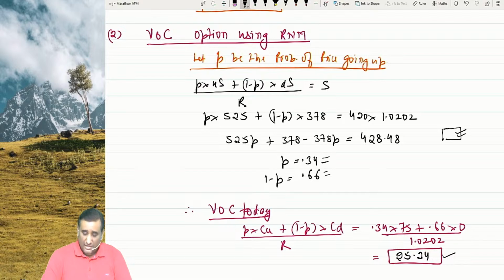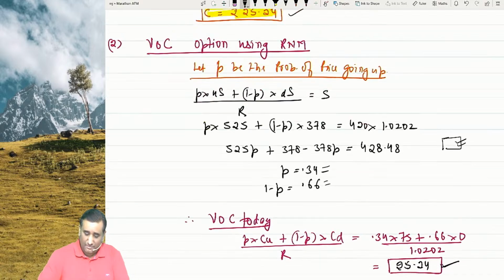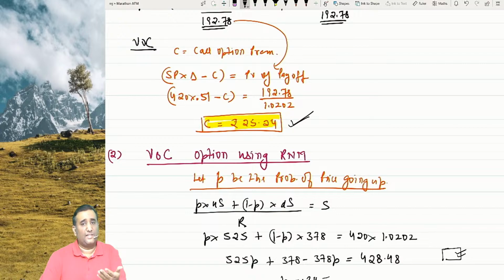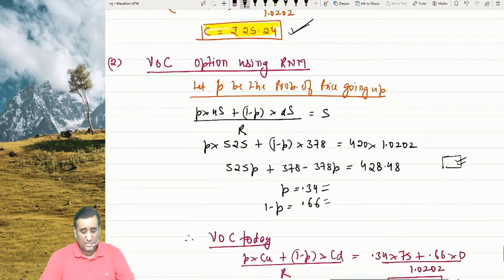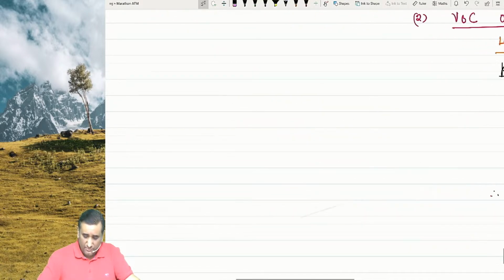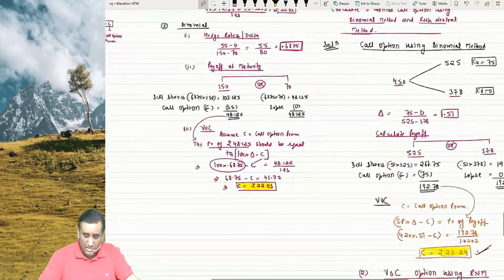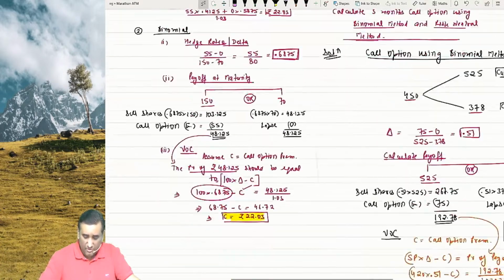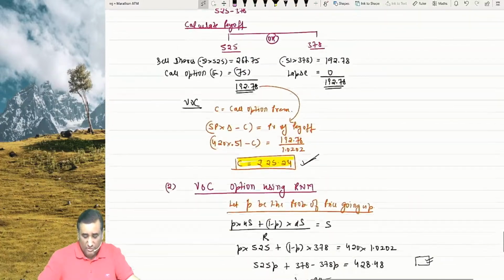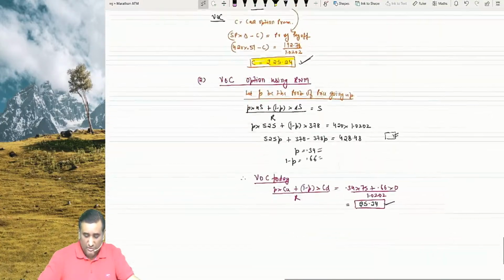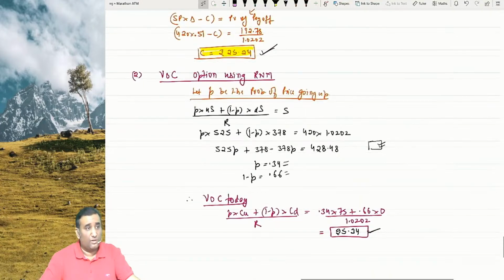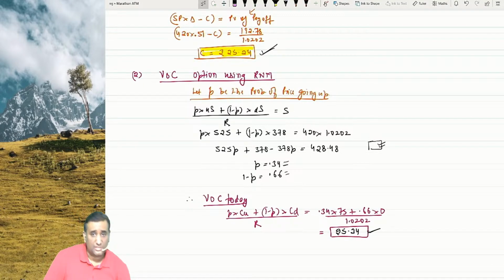Hence, if we have to compare both of them, this answer should match, because they'll be blindly checking the paper. Since both of them give me the same answer, I know. In the previous case, we did not have the rounding off. In the previous case, maybe the rounding off was such that answers were coming approximately. In capital budgeting, if you do the inflation concept by using real discount rate and nominal discount rate, there will be a concept of real and nominal discount. Use that same data, catch them. Otherwise, you will not have the same answers. Anyhow, if it comes approximately, then make sure both are right, 25, 25 and right approximately.